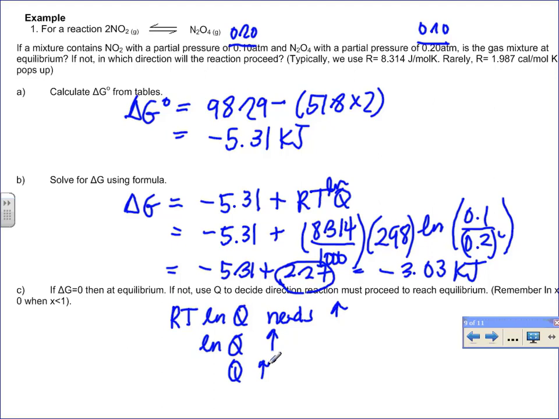So in this case, the reaction needs to shift left. Sorry, no, it needs to shift right, because we need Q to get bigger, so we need the products, or the value here, to increase, so we need the reaction to shift right.